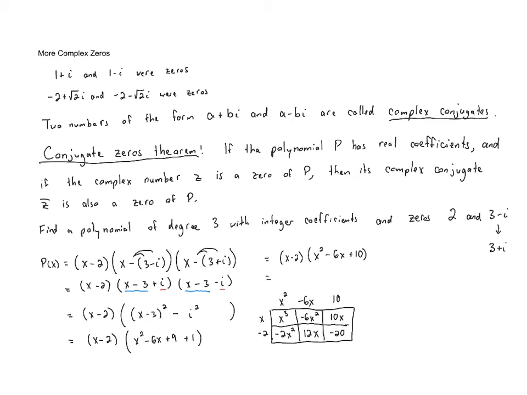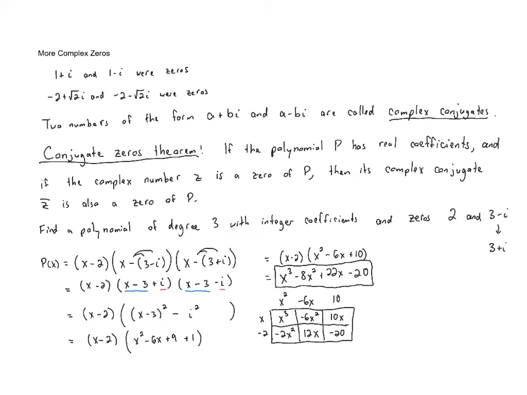And when we combine like terms, this leaves us with x cubed minus 8x squared plus 22x minus 20. And this is our third degree polynomial with integer coefficients and the zeros we were asked to have.